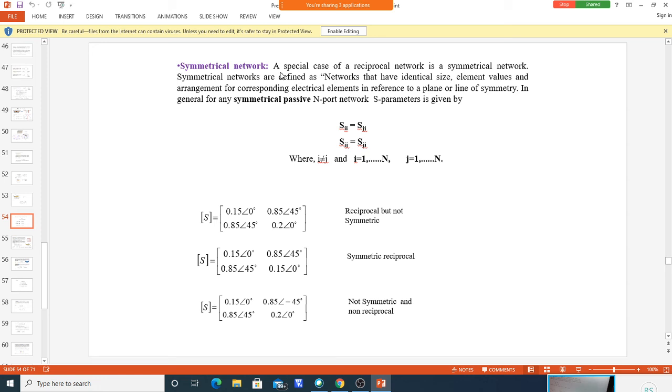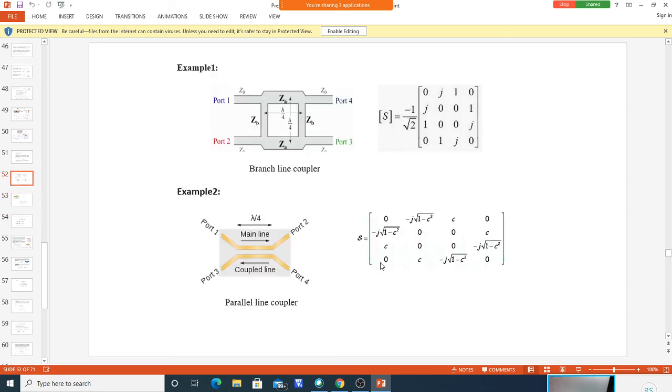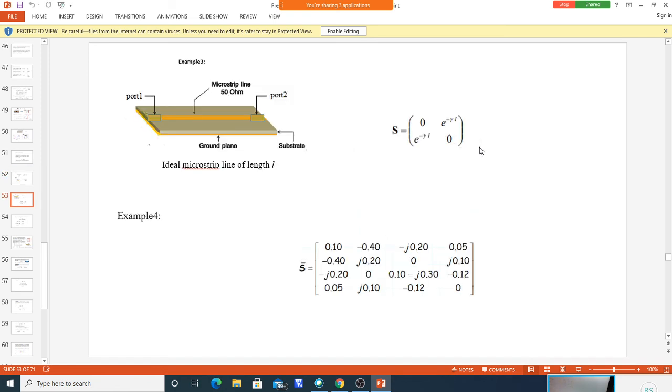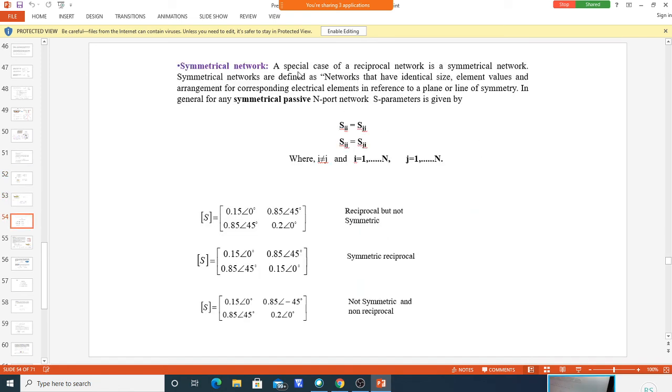symmetrical network. For a reciprocal network, the diagonal elements may be anything. But a special case of a reciprocal network is a symmetrical network.